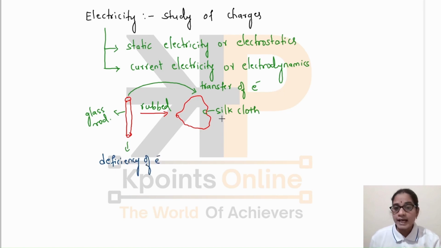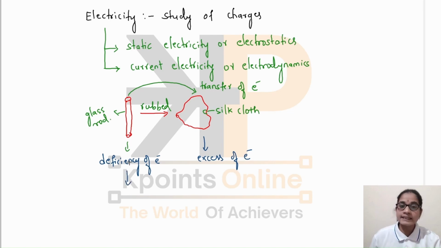Whereas in the case of silk cloth, the electrons are gained, because of which there is an excess of electrons. This gives rise to the idea of charge, because of which these two are said to be charged, as there is gain and loss of electrons.